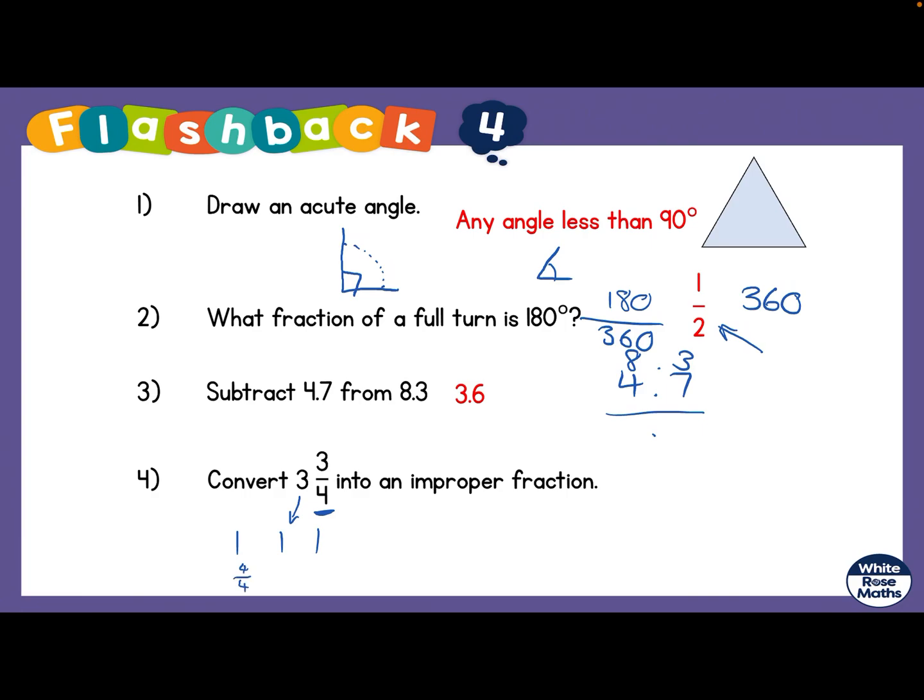I know that 4/4 is the same as 1 whole. It's very small, I know. We're going to cover this next term, so please don't panic. So that 3 is the same as 4/4, 4/4, and 4/4. 4, 4, and 4 is going to be 12/4, but actually I've got 3/4 here. 12/4 and 3/4 is, of course, 15/4. Well done if you got that.